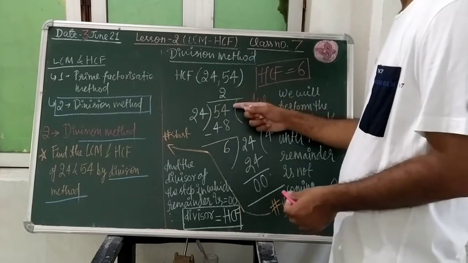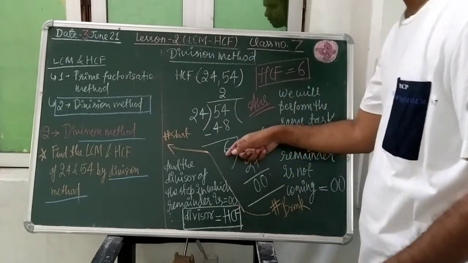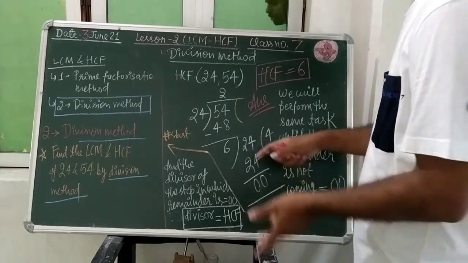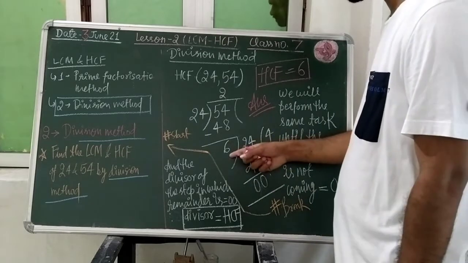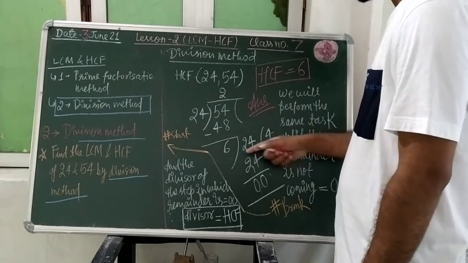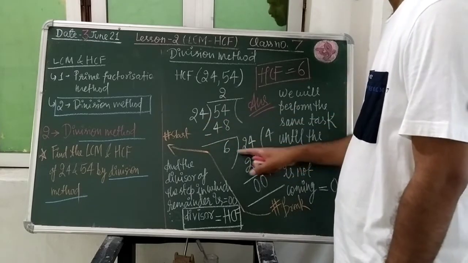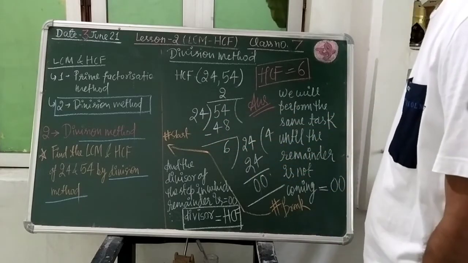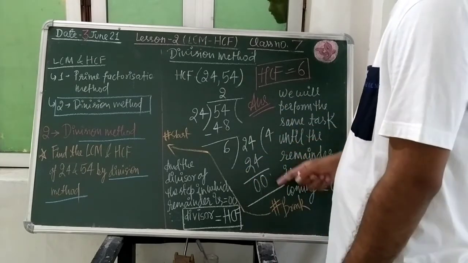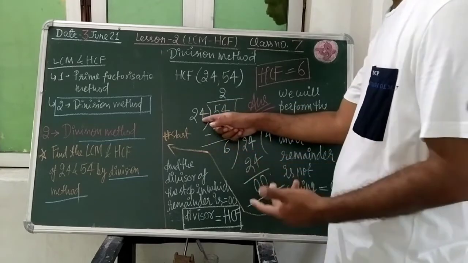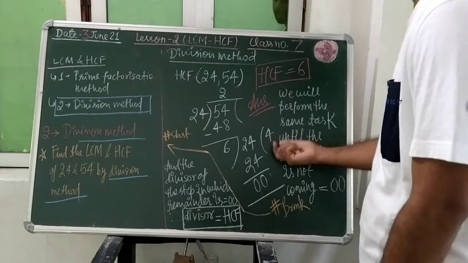If a remainder comes, you continue these steps. In the next step, the divisor of the earlier case will be divided by the remainder, and you perform the same division step.